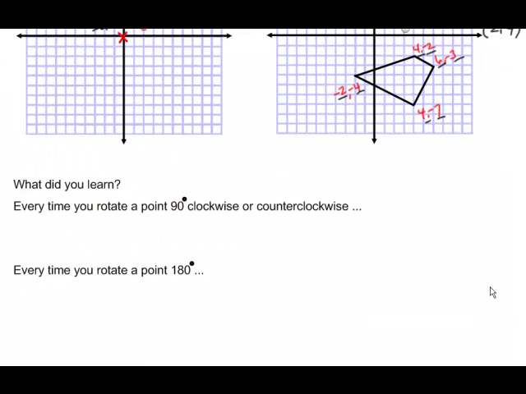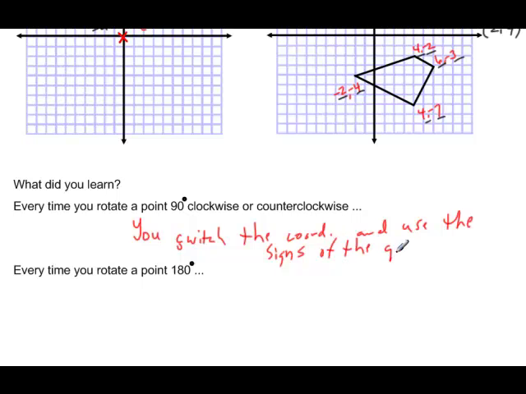Right, so what did you learn? Every time you rotate a point 90 degrees, clockwise or counterclockwise, you do what? You switch the coordinates and use the sign or signs of the quadrant. Quadrant 1, positive, positive. Quadrant 2, negative, positive.